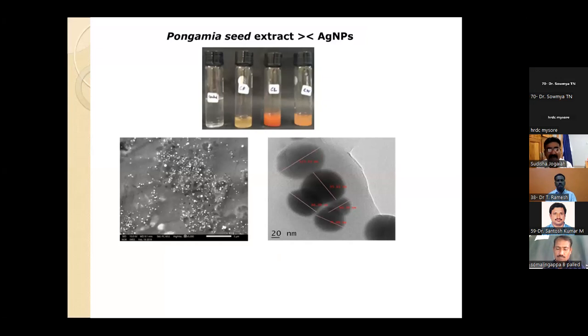That means the arrest of the sporangia, whereby the release of zoospores was reduced by more than 50 to 60 times compared to the control. This is also one of the significant results we have achieved in our lab, using Pongamia seed extract to synthesize silver nanoparticles, AgNPs.